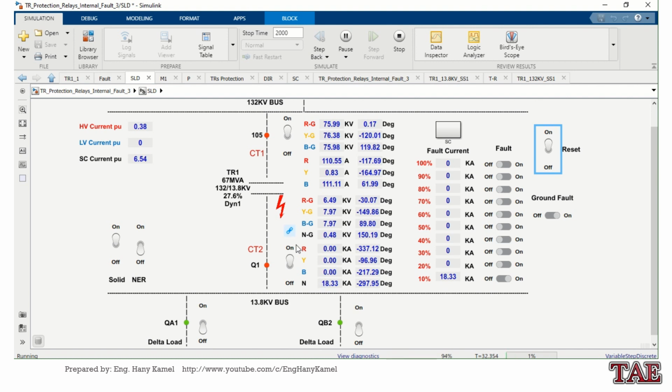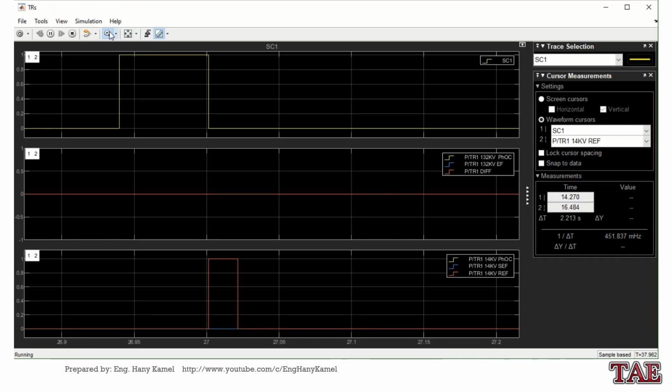Due to the high transformation ratio between the high voltage winding and the low voltage shorted winding, the current on the low and high voltage sides is a little less, still less than 38% of the winding rated current, so overcurrent cannot work, and it depends on the protection relay setting.